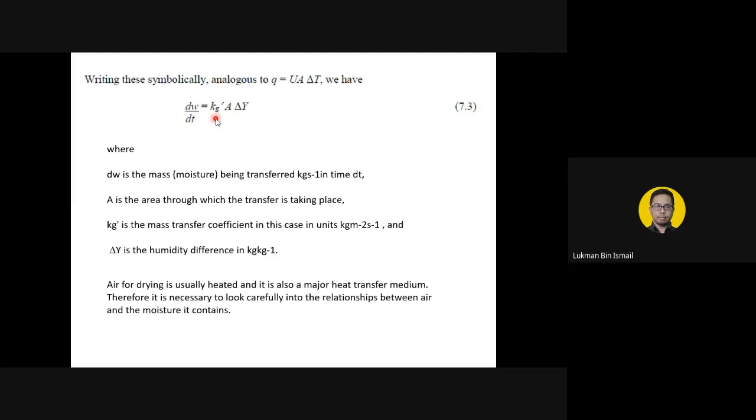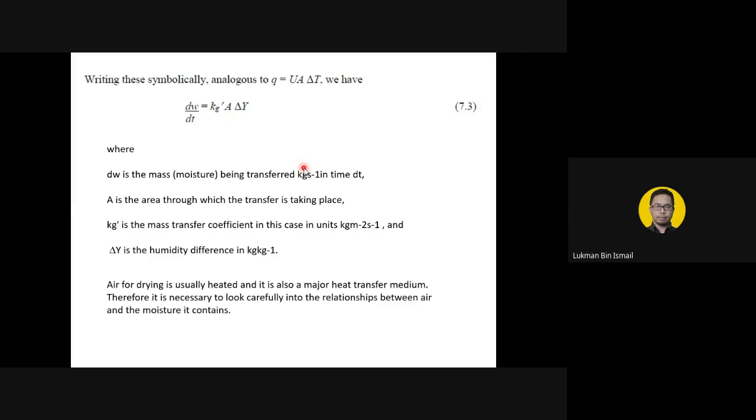We call it the mass transfer coefficient, and the unit is kilogram per meter squared per second. And delta Y is the humidity difference in kilogram per kilogram, the humidity difference between air and in the food.